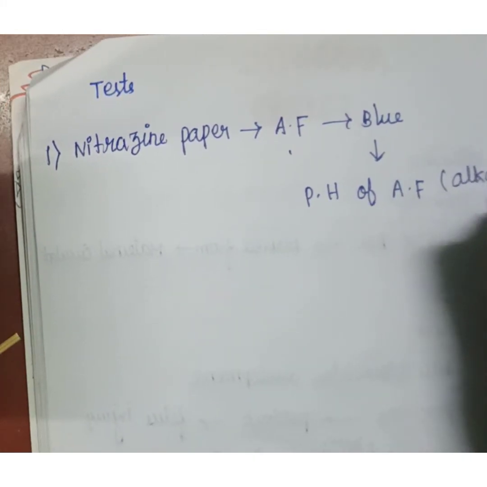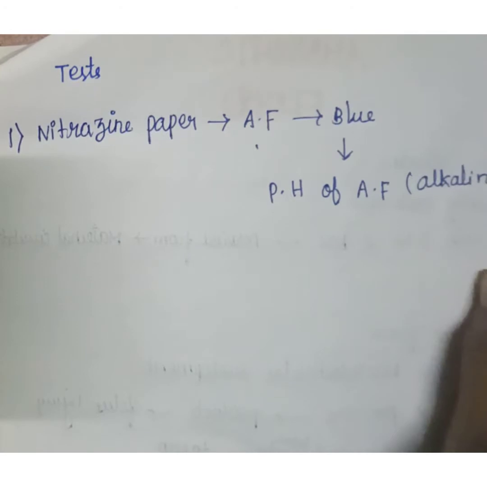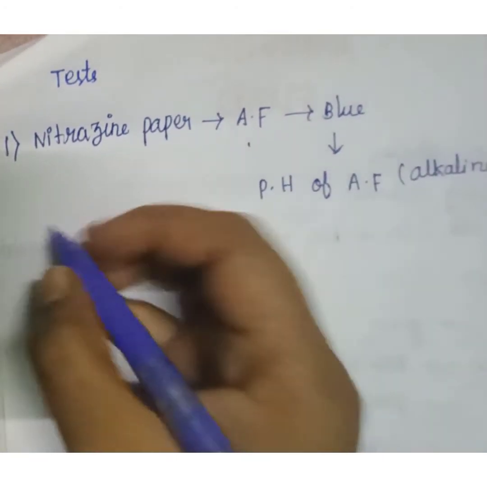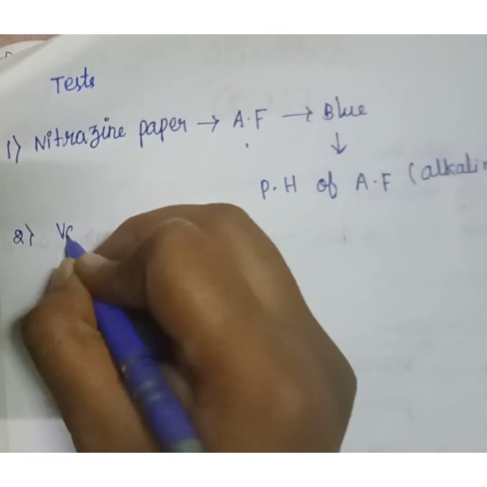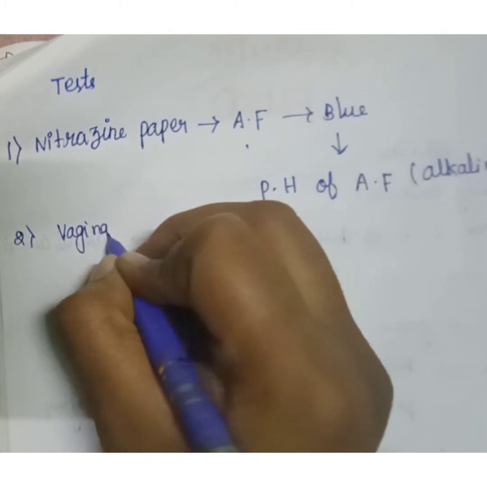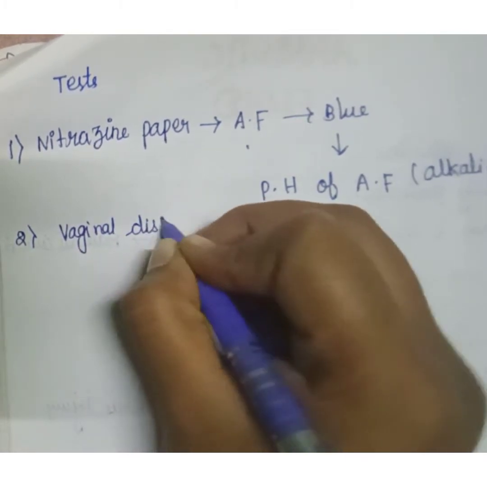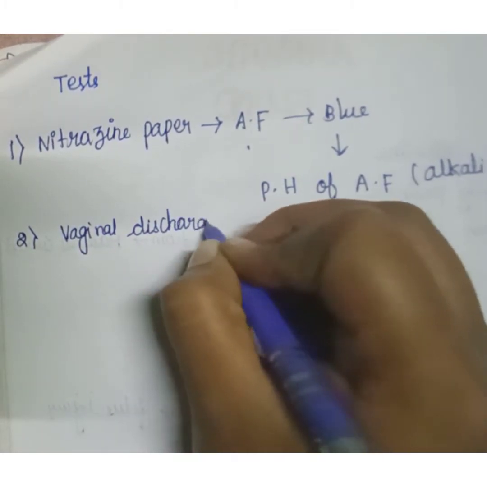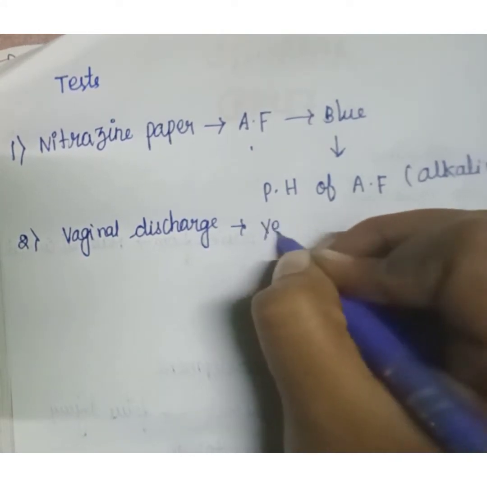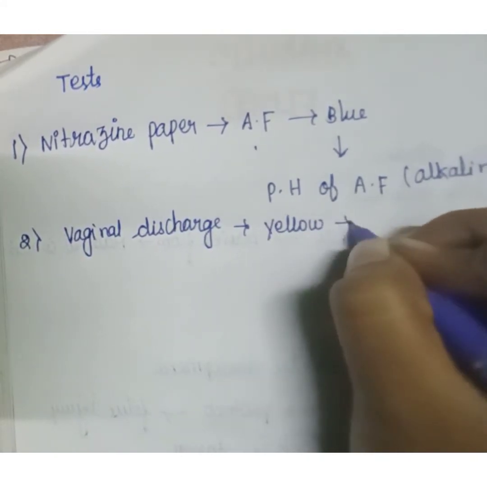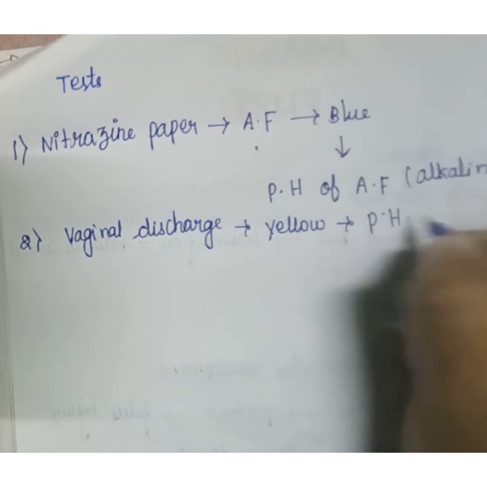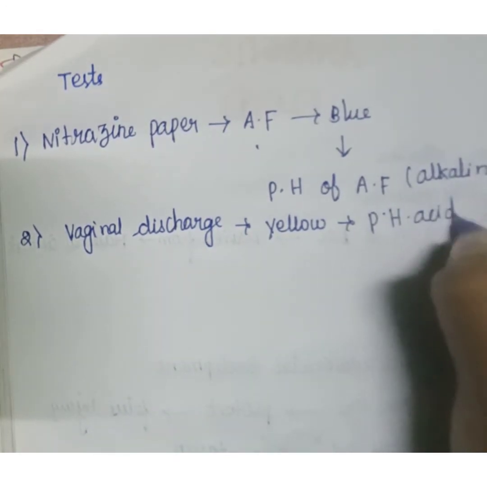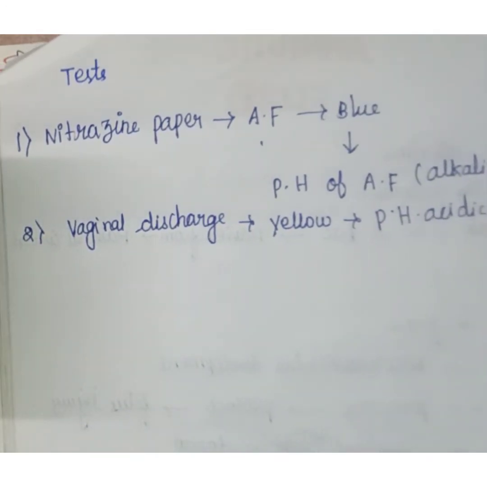The next test is for vaginal discharge. With vaginal discharge, the nitrazine paper looks yellow, because the pH is acidic. So these are the tests.